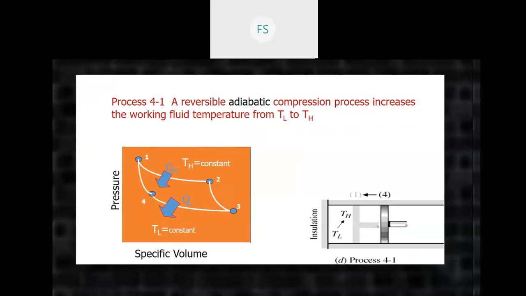No heat can be transferred in and out. So the heat keeps inside the system. It cannot be released out of the system. So therefore, the TL goes up to TH.